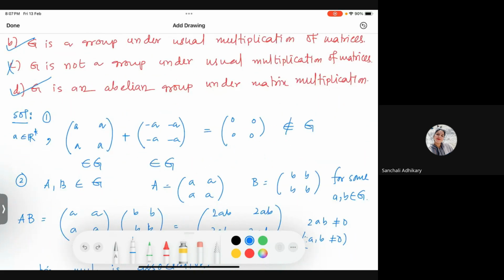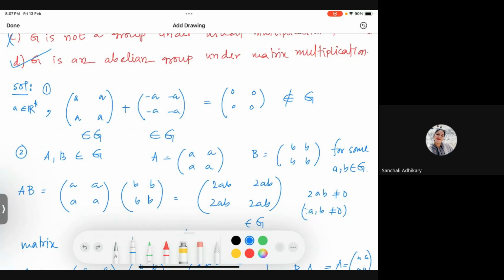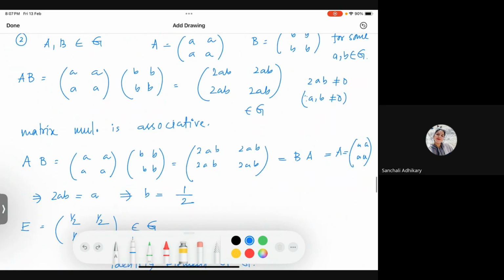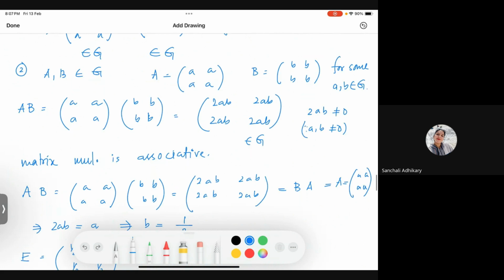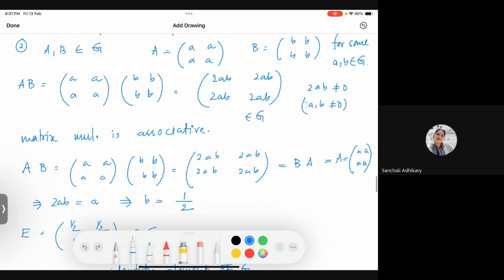So this is a group under multiplication, and this is an abelian group. How? I did it for 2 by 2 matrices, so do it for n by n matrices.